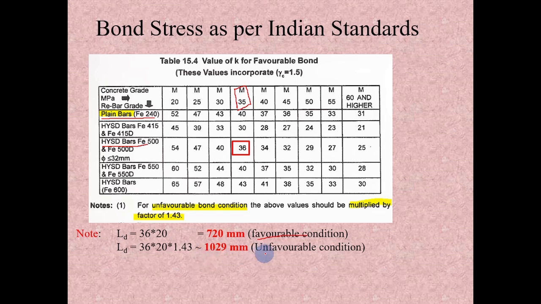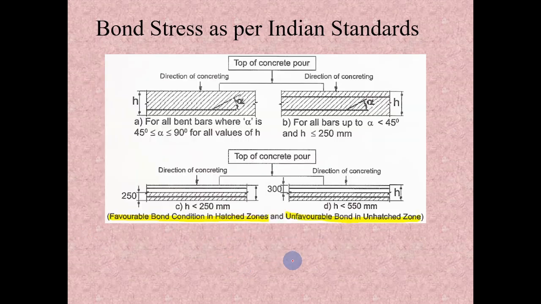And for the unfavorable bond condition, we should multiply by the factor 1.43 to account for the unfavorable bond condition. In that case, we should provide 1029 mm as the development length. Now, what is a favorable bond condition and what is an unfavorable bond condition?